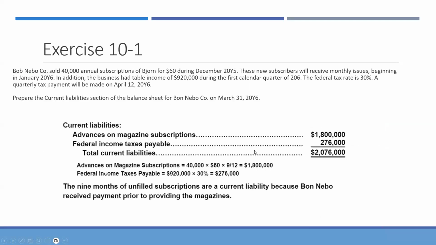So we just multiply by 30%. And so the federal income taxes payable is going to be 276,000, and then the advances on magazines is 1.8 million. These are all liabilities that are going to be used up in the current year, so that's our total current liabilities. And that's, again, for the 9 months of unfulfilled subscriptions because we haven't earned that revenue yet, but we did get the cash for it.